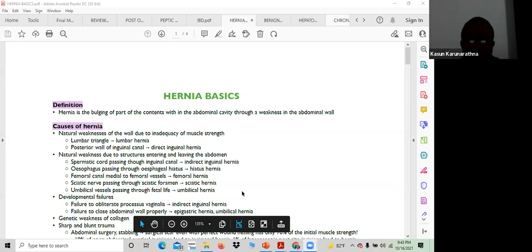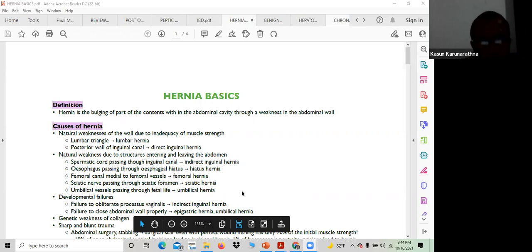There's a question: which hernia is the least likely to cause strangulation, incisional hernia or direct inguinal hernia? In direct inguinal hernia also, the neck of the hernia is large, right? In direct inguinal hernia, contents protrude through the posterior wall of the inguinal canal, so the neck is large.